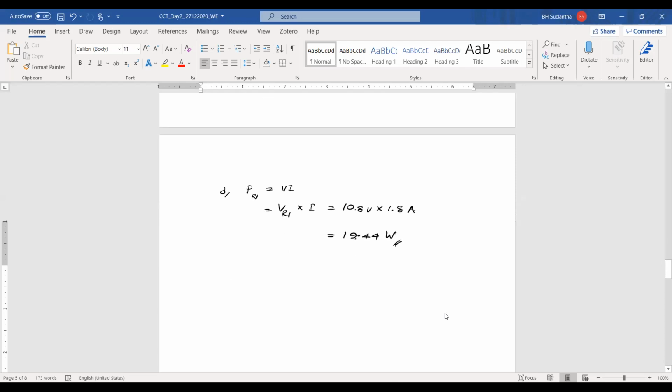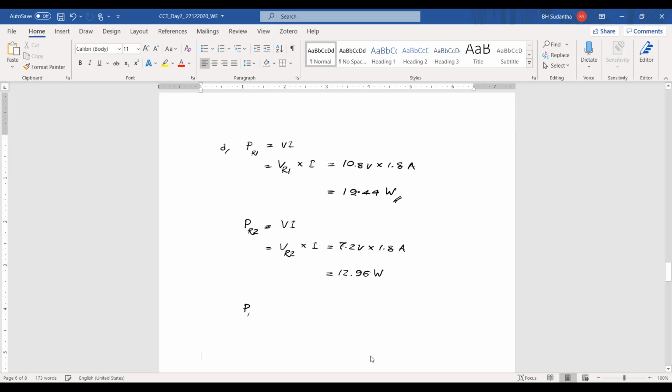And then PR2 is VI, then VR2 into I. VR2 is 7.2 volts, I is 1.8 ampere, then 7.2 into 1.8 is 12.96 watts.